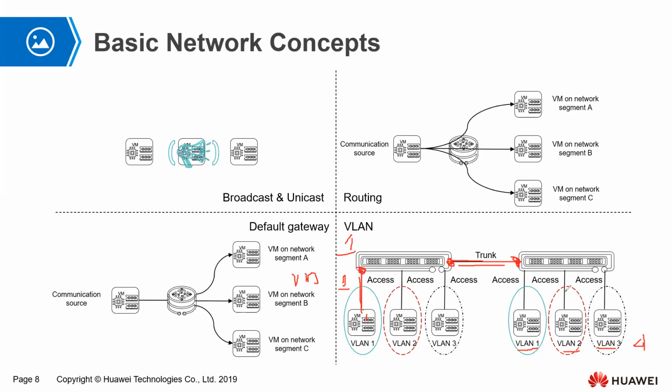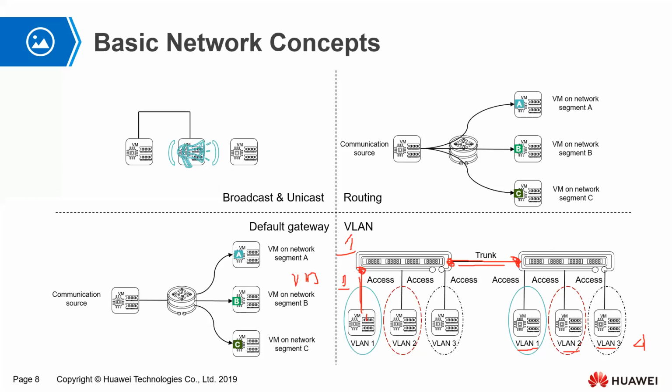So the default VLAN ID in almost all switches is 1. We are saying here that if you are receiving a packet which is not tagged, let us first look at that.